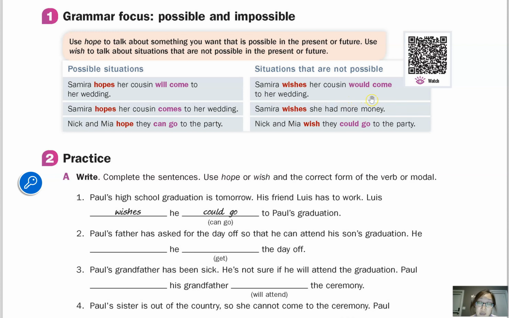Okay, let's see. Another example is when you express frustration, like, I wish you would just be quiet. Then, of course, it's a possible situation, but in our frustration, we act like it's an impossible situation by saying, I wish you would just be quiet, but you talk so much that it must be impossible.